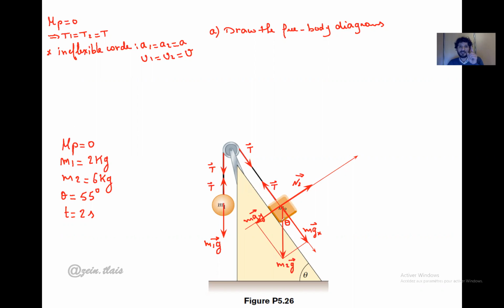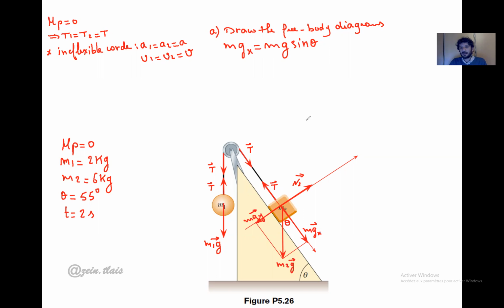I sent one video where I explained this point. You have to know, in all cases of an inclined plane and the weight, mgx must equal mg sine of the angle of the inclined plane. It's very important, and you have one video that explains this in detail.